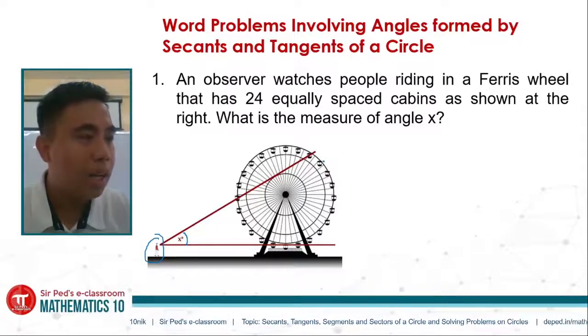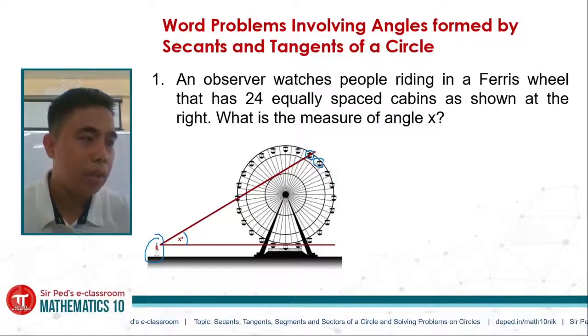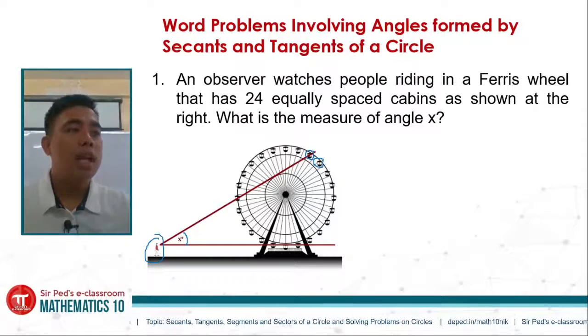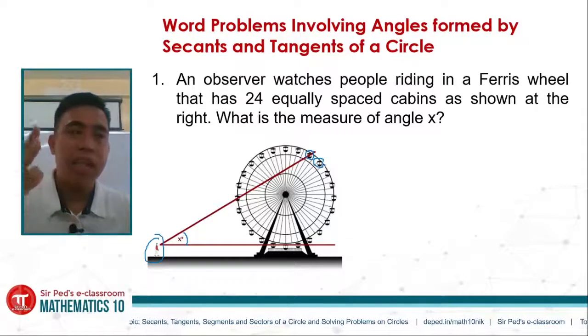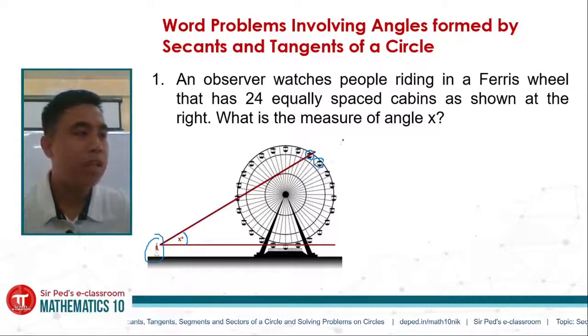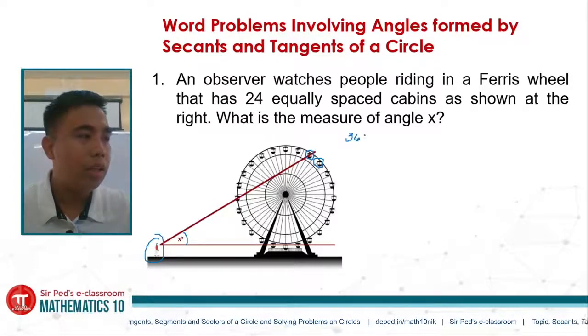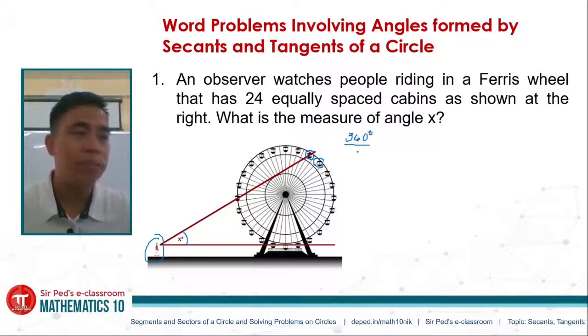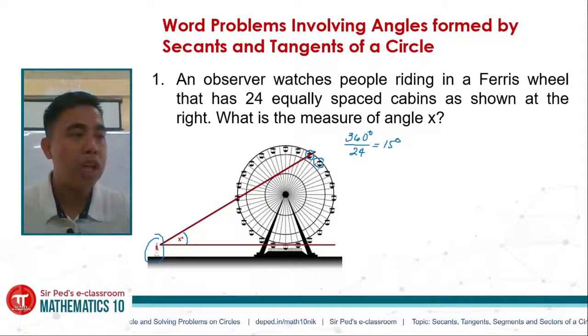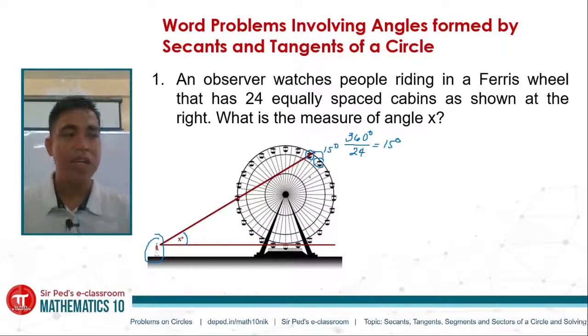And yung mga cabins natin, equally spaced sila. Okay? And there are 24 of them. Now, if that is a circle, and there are 24 cabins, and yung degree measurement ng whole circle is 360, we divide it by 24, then yung degree measure ng 2 consecutive cabins is 15 degrees.